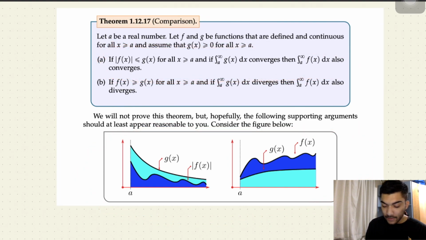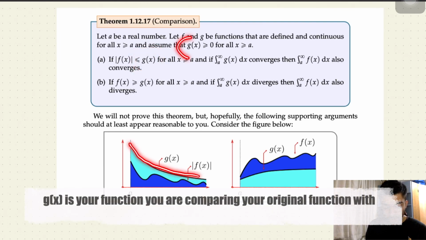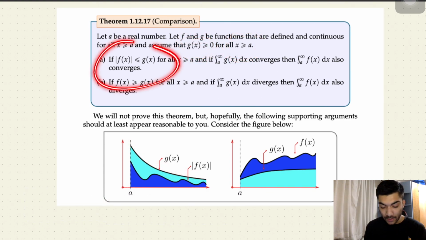The first case is if the absolute value of f of x, the f of x for which you are checking whether the integral converges or diverges, is always less than or equal to g of x, where g of x is always greater than or equal to 0 for all values of x greater than or equal to a.